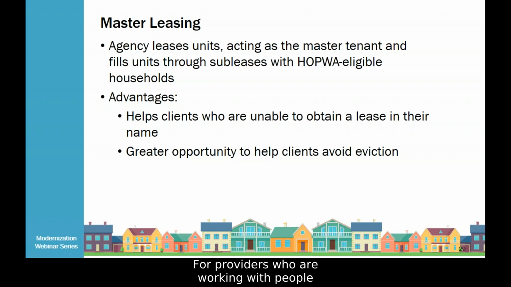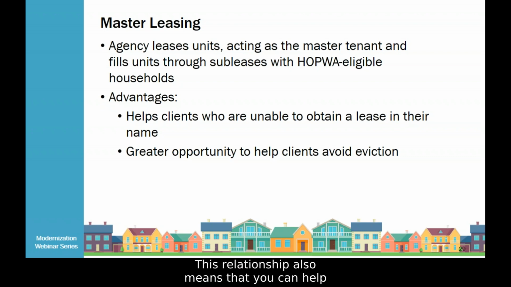For providers who are working with people who have some typical barriers to housing, like having no credit or bad credit, having criminal histories, having histories of eviction, master leasing can be a really good advantage because the landlord is going to be leasing from the agency and may have a greater level of trust or feel that there's at least a bit less risk in leasing the unit to an agency instead of to a program participant who has demonstrated some challenges with successful housing tenancy in the past.